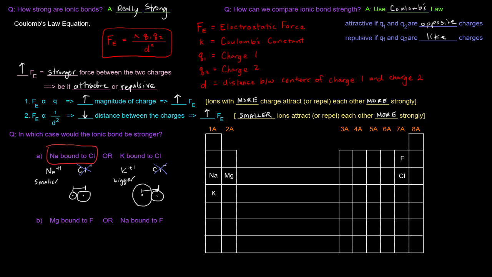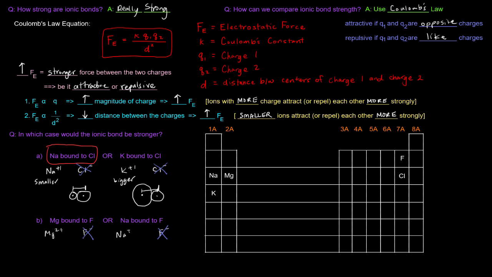Okay. What about magnesium bound to fluorine versus sodium bound to fluorine? Well, I'd have Mg2 plus and F minus here, and then Na plus and F minus here. Again, we've got the anion common to both, so that's not where the difference lies. So we're thinking about Mg2 plus and Na plus. Mg2 plus has a higher charge magnitude.